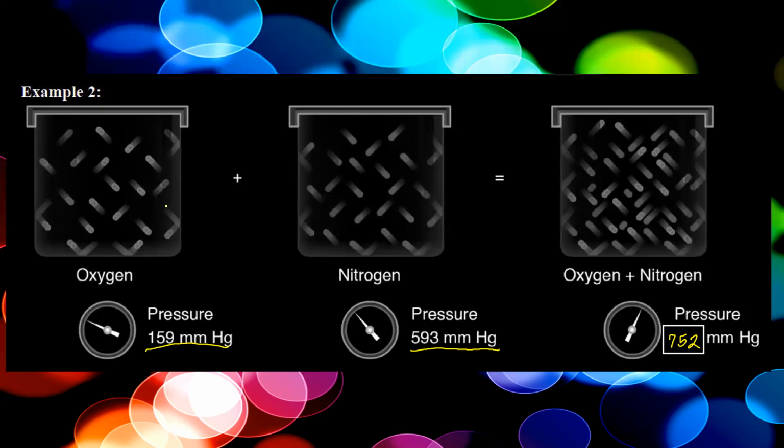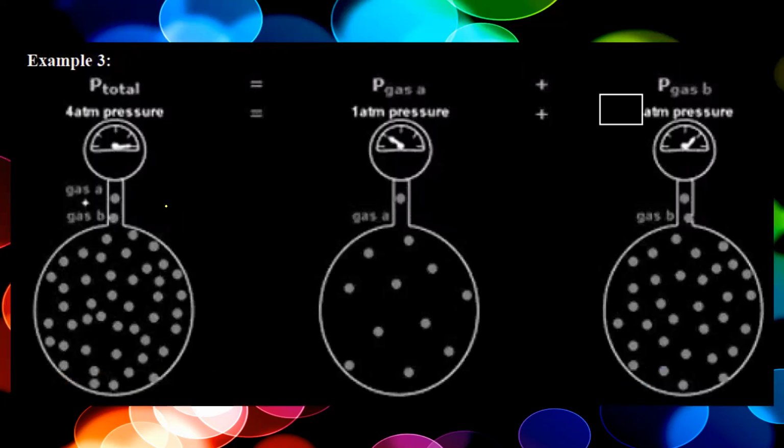One final example, because again, I want you able to add or subtract for these, depending on the situation. And I'll walk through those with you as you practice. So, 4 atmospheres is the total.